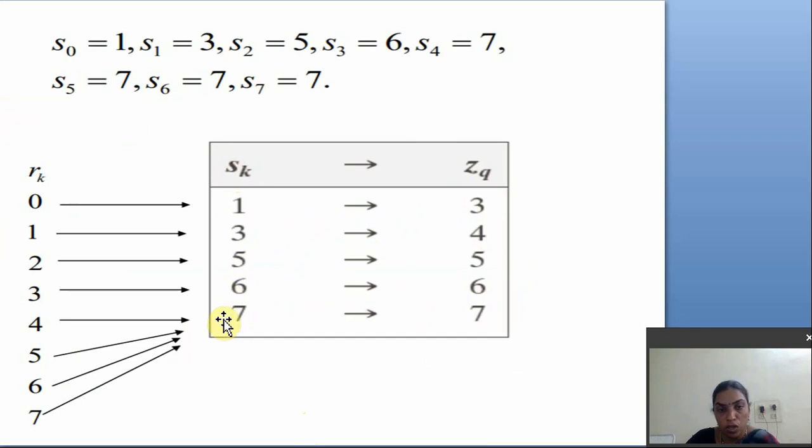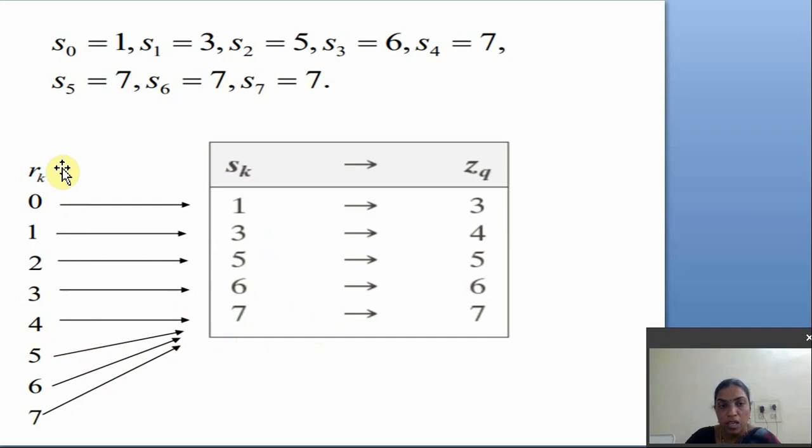Of course you know that these SK values are actually mapped to the RK, with RK values 0, 1, 2, 3, 4, 5, 6, 7. For 0 this is 1, 1 is 3, 2 is 5, 3 is 6, 4 is 7, 5 is 7, 6 is 7, 7 is 7. Already this was done in the previous example.